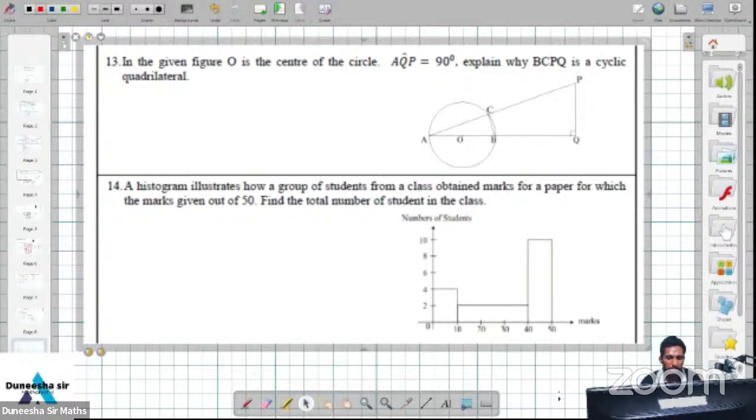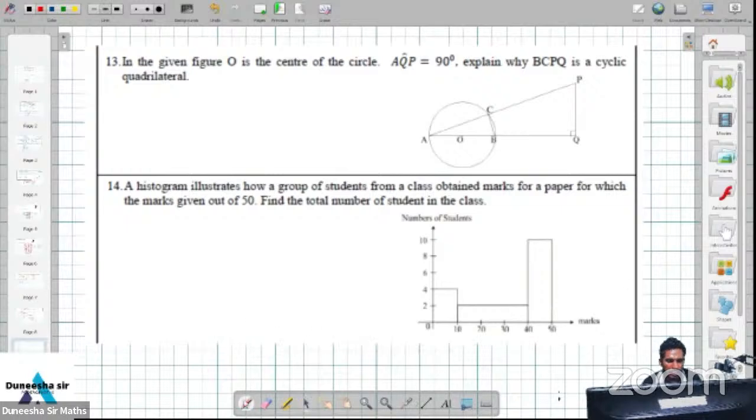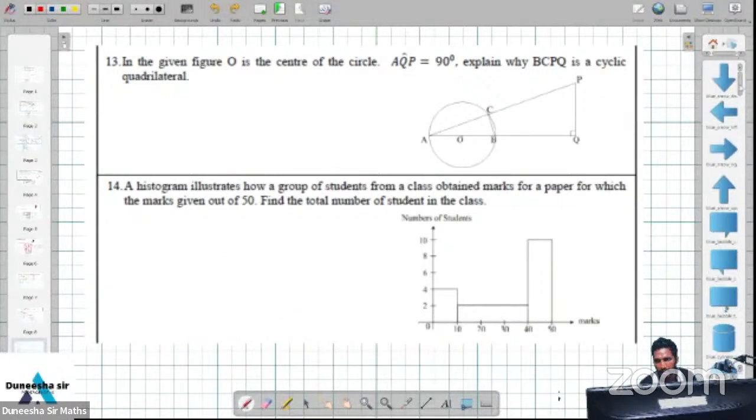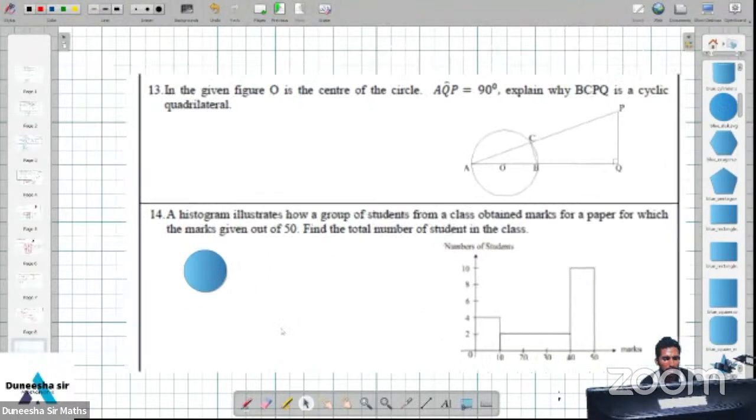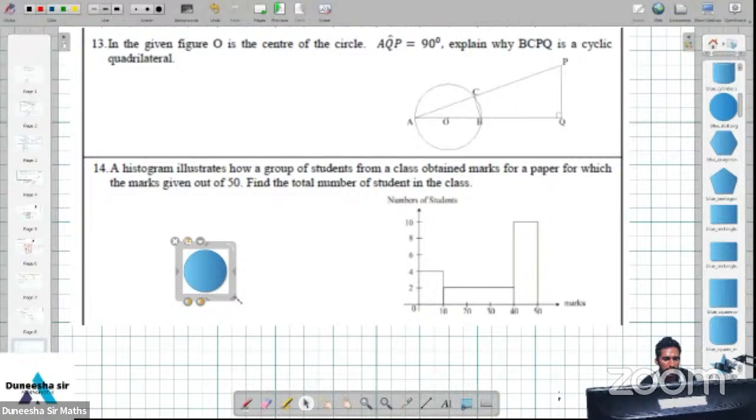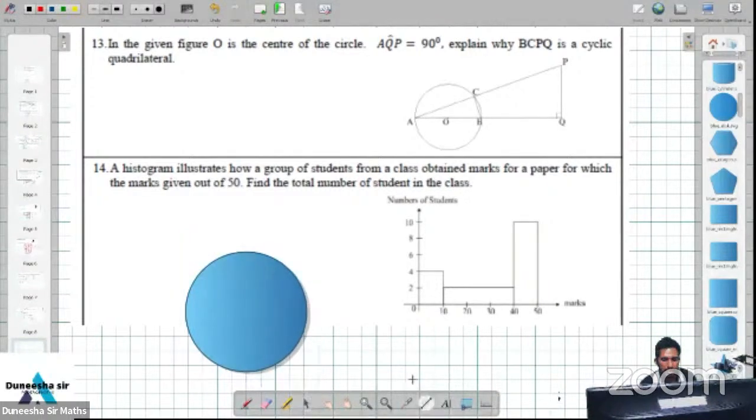ඔය cyclic quadrilateral එකක් කියන්නේ මොකද්ද බලන්න. ඔයාලට මතකද? Cyclic quadrilateral එක. Quadrilateral එකක් කියන්නේ මොකක්ද? පැති හතරක් තියෙන මොකක් හරි shape එකකට. Okay.